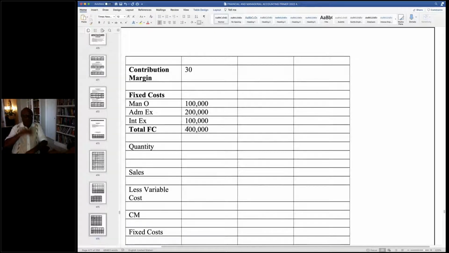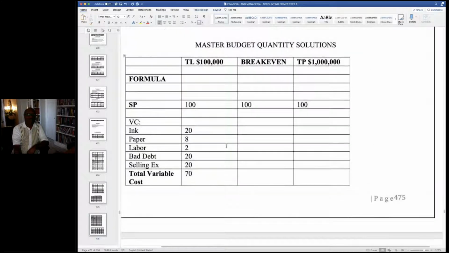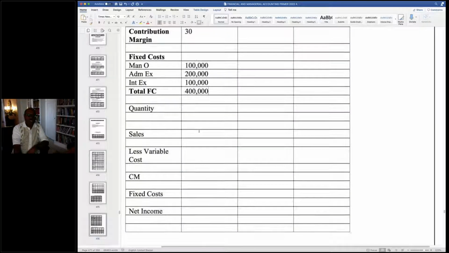So what quantity do we need to make to lose $100,000? So our target loss is 100,000. So what quantity do we need in here so that when we fill this information in, we're going to lose $100,000?